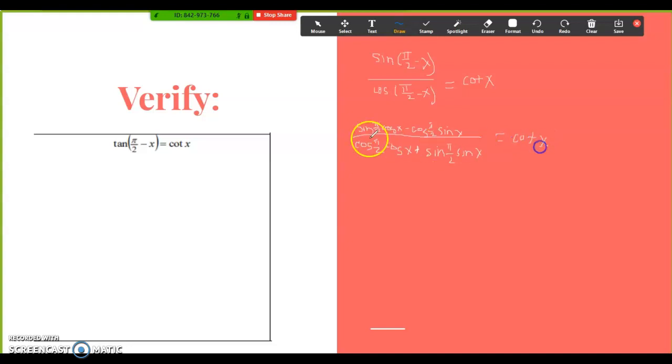Now we'll substitute what we know. We know the sine of pi over 2 is 1, and the cosine of pi over 2 is 0.